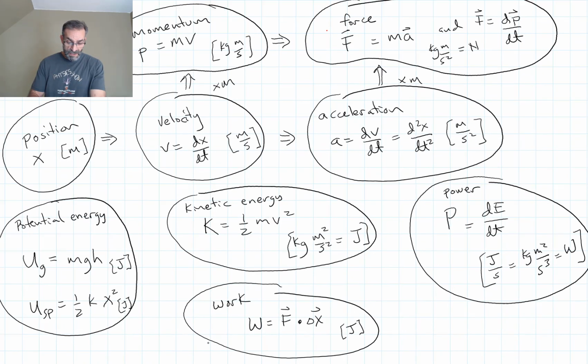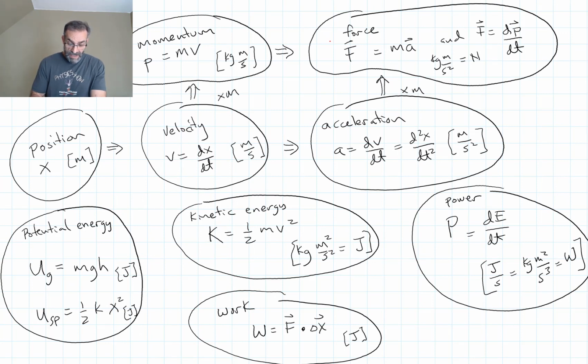A couple of points I want to make. We have momentum with a lowercase p, power with a capital P. Luckily, my handwriting is so clear it's obvious from the way I write it. We have kinetic energy with a capital K and a spring constant with a lowercase k.